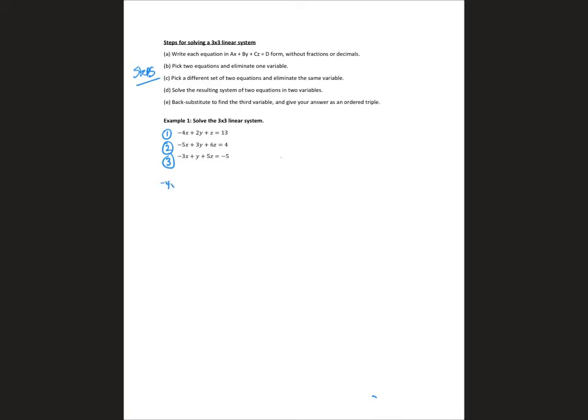So I'm going to write negative 4x plus 2y plus z equals 13. And my second equation is negative 5x plus 3y plus 6z equals 4. Now, once I've picked those 2 equations, I need to solve for one of those variables. Which variable you pick is completely up to you. Maybe I want to get rid of the z's.